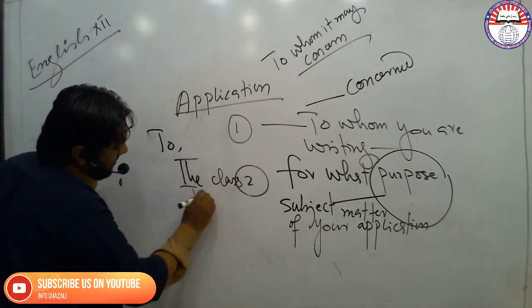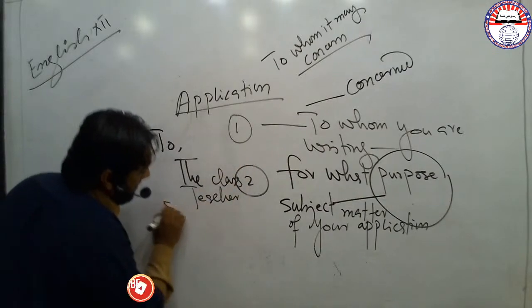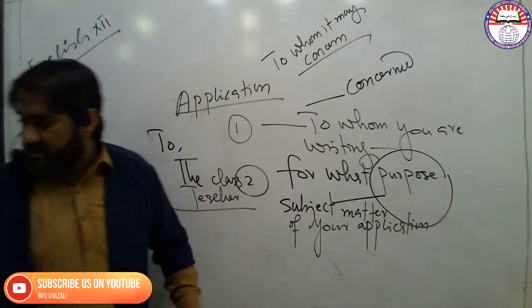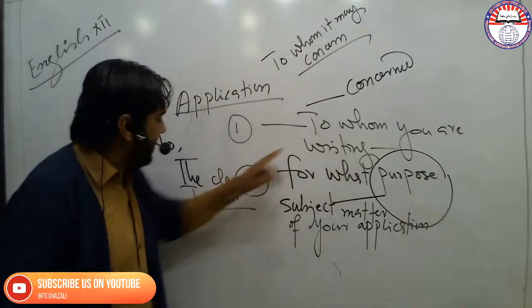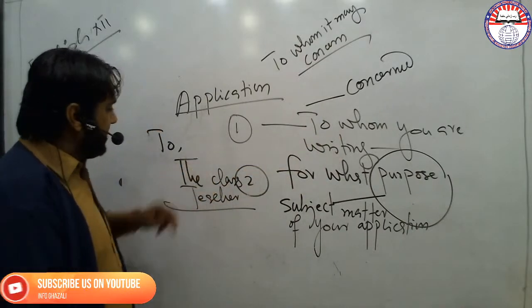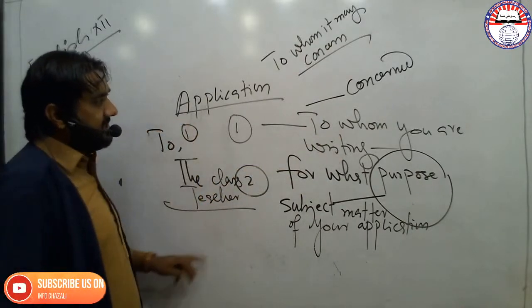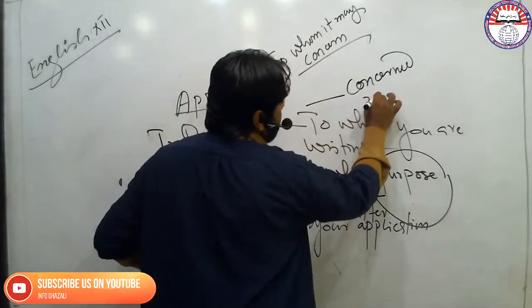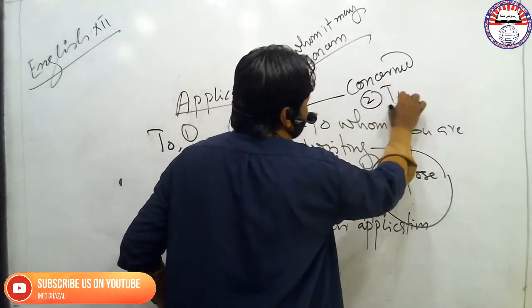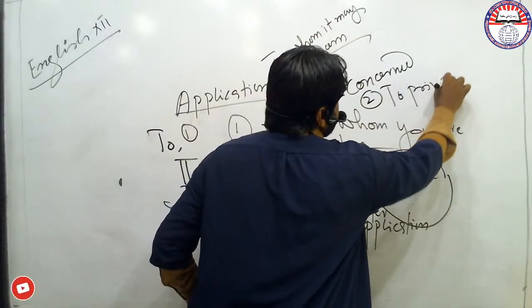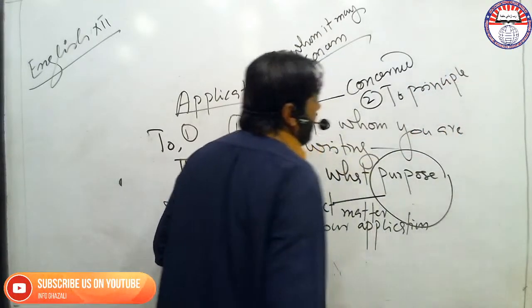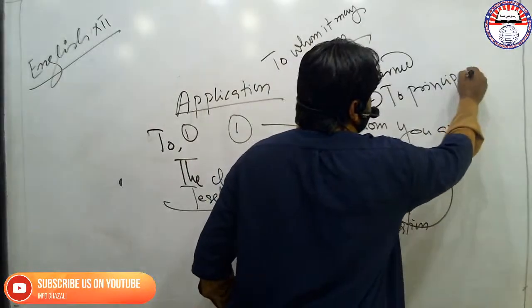Okay? And this is how this will clear your idea to whom you are writing. I'm just giving you one example. The second example is, suppose you are writing to the principal of your institute. Why you are writing to your principal?